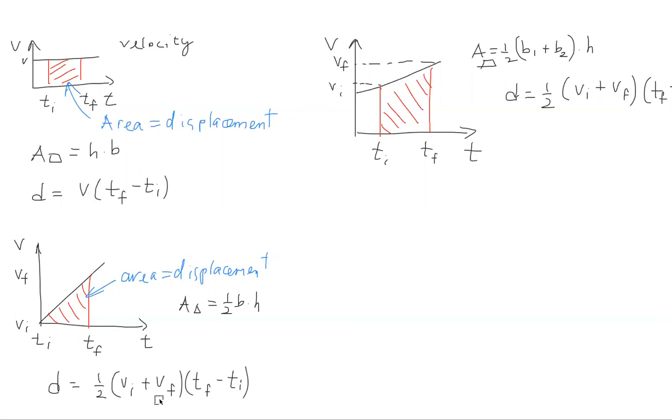Now, if we used minus here, like V final minus V initial, then we will end up with a situation that the formula for the triangle will become wrong. How would you call this quantity when you add two numbers and divide the sum by 2?